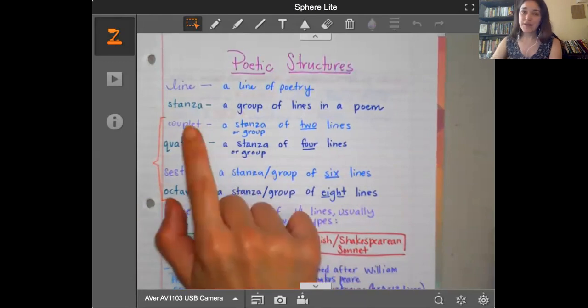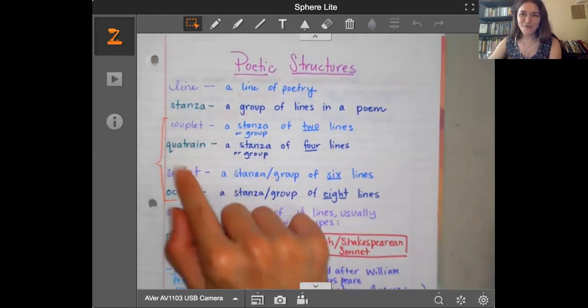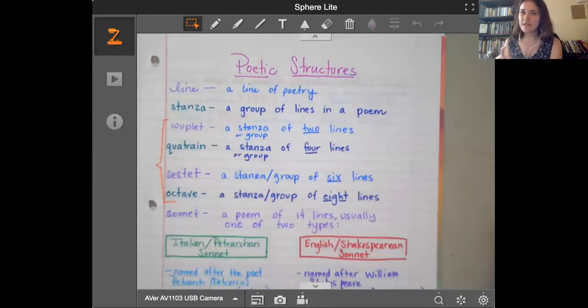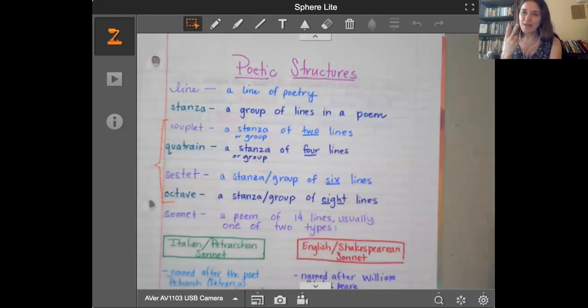We have a couplet, so these are all different kinds of stanzas or groups. Sometimes they're not actually separated as separate stanzas. Sometimes we know that they're a group based on the rhyming, and we'll talk about rhyming another day. But a couplet is a group of 2 lines, right? A couple. A quatrain is a group of 4 lines. Simple, right? Quattro, 4.